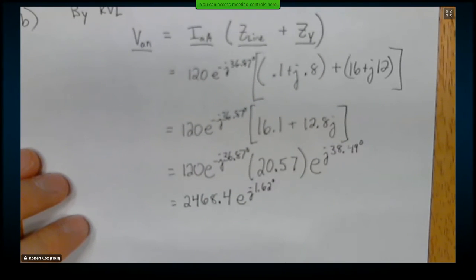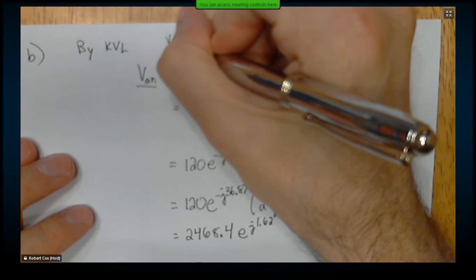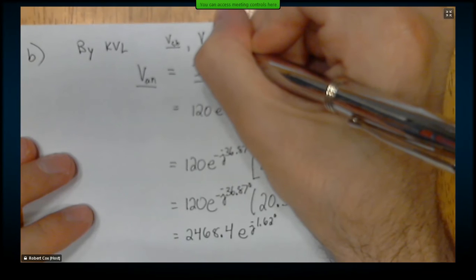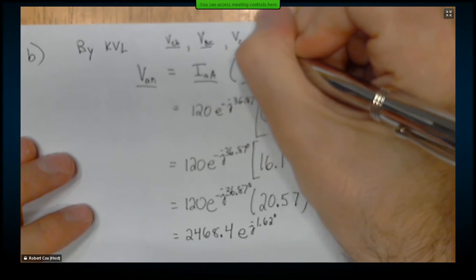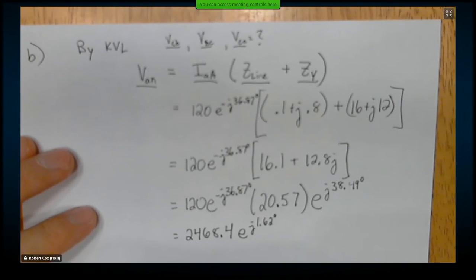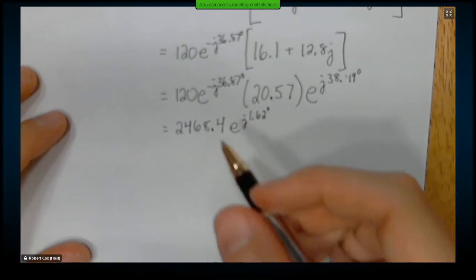Now, what was I asked to find? I was asked to find in this problem VAB, VBC, and VCA. Those were the things I was asked to find. What I found now is VAN. Well, what can I do to find these?